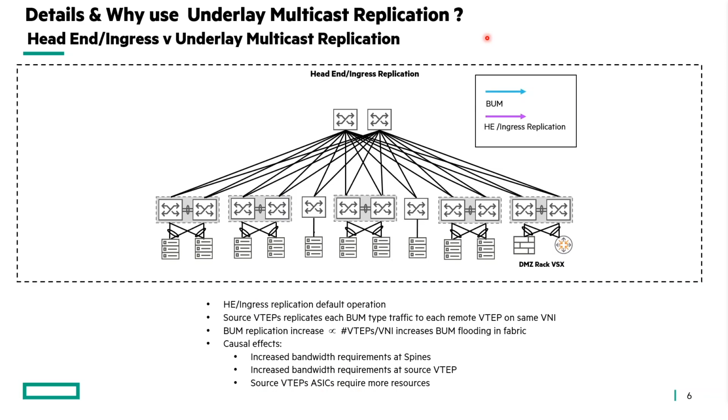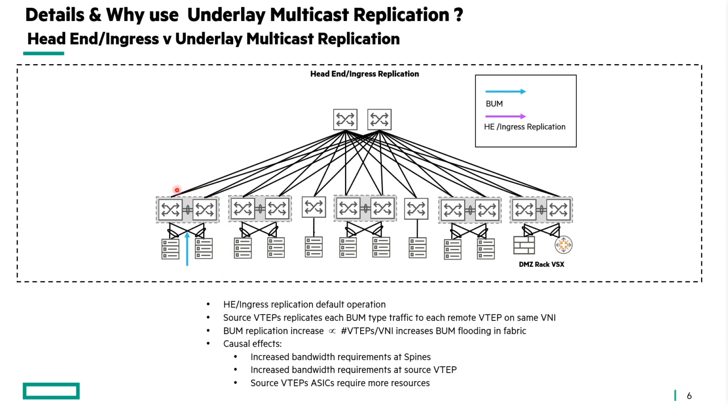Now let's look at details on why use underlay multicast replication. We'll look at head-end ingress versus underlay replication. So head-end ingress replication is the default mode of operation for Aruba CX fabrics.